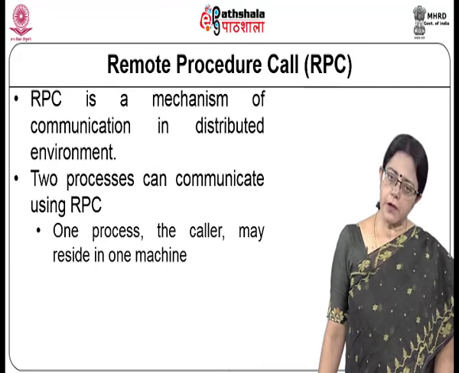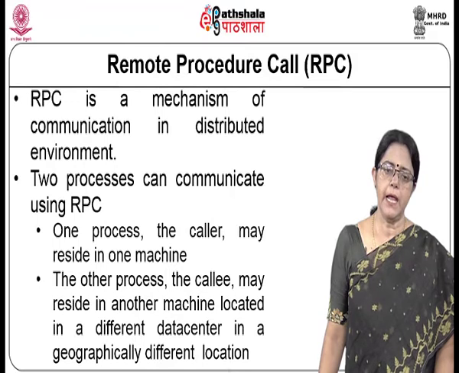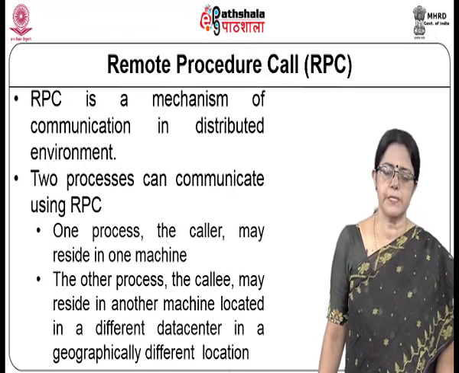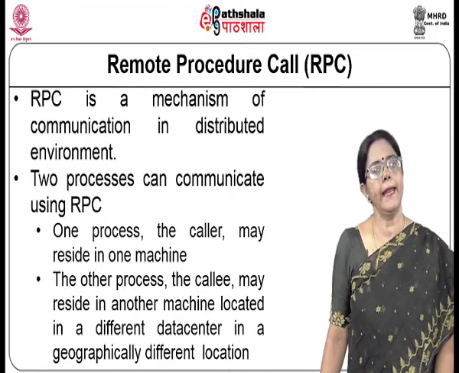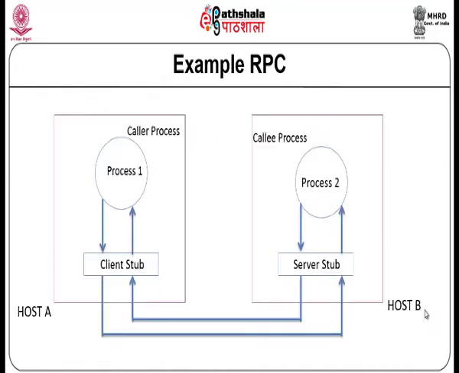So, a caller process is sitting in one machine, and the callee process will be in another machine, and these two processes can easily communicate with each other. This is the overall mechanism of RPC, where process 1 is the caller process. There is one additional process that runs in each of the machines, called the stub.